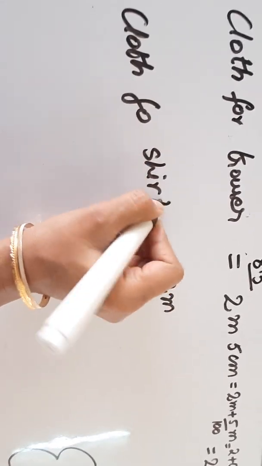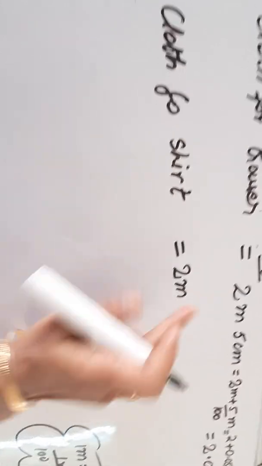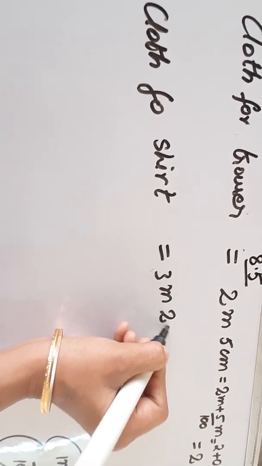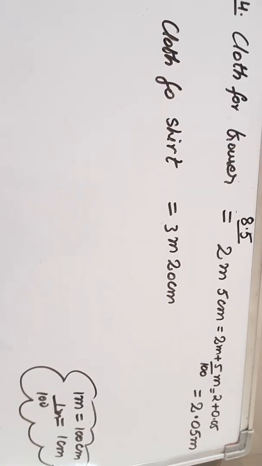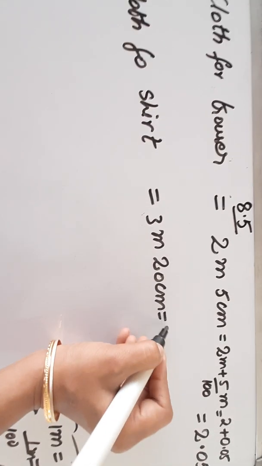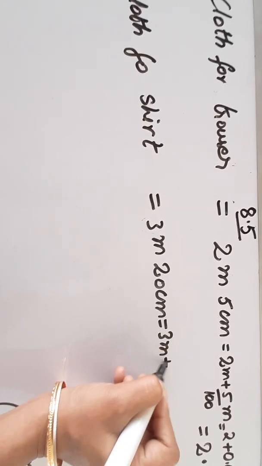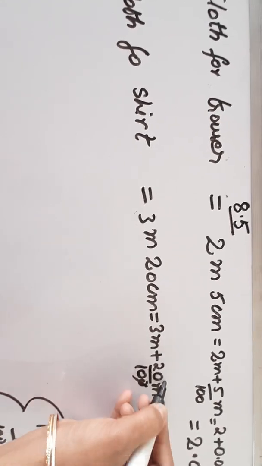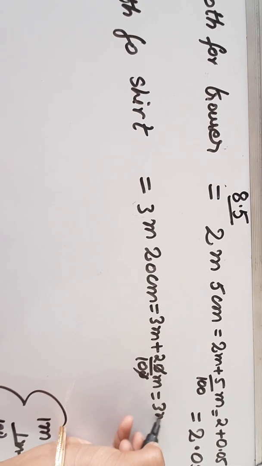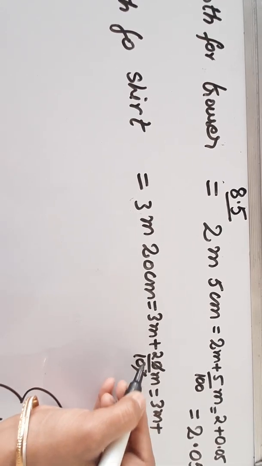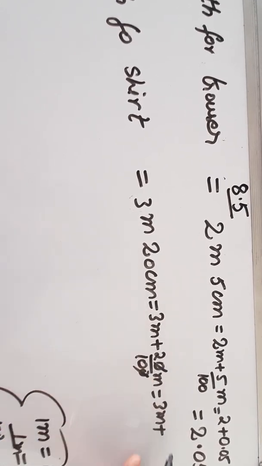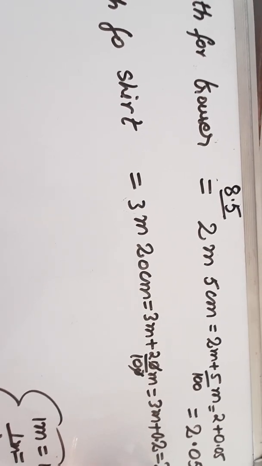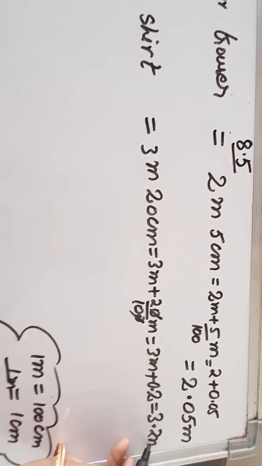Cloth required for shirt is equal to 3 meters and 20 centimeter. So let us again convert this. 3 meter plus 20/100 meters. So for this, 3 meter plus 0.20, leave 1 digit after the decimal. So it will be 3.2 meters.